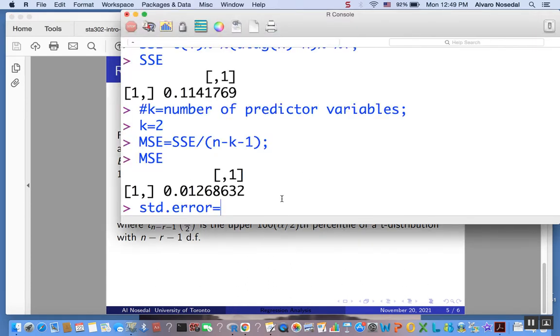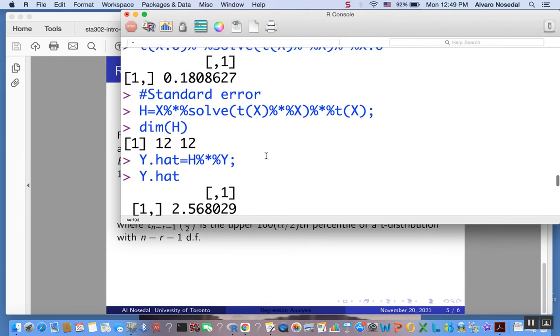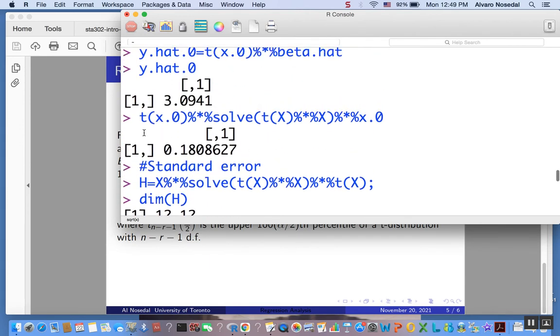Okay, so standard error, let's write that down, square root of, let me multiply by s squared, or mean square error first, times, and what we want is, remember that expression that we computed here? Yeah, this one here.